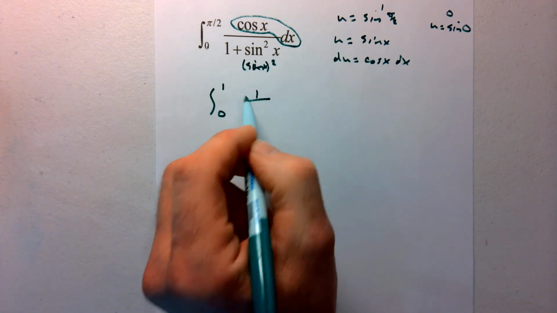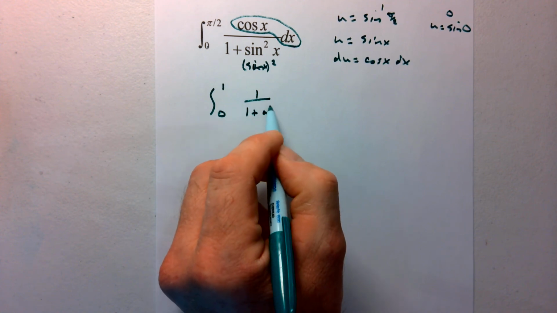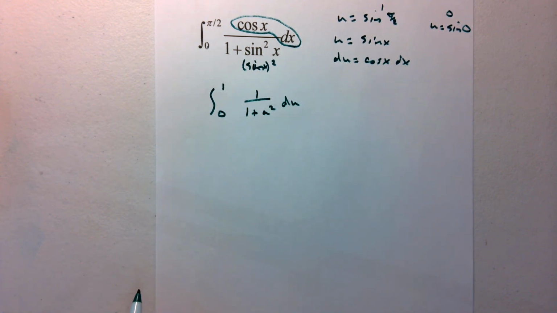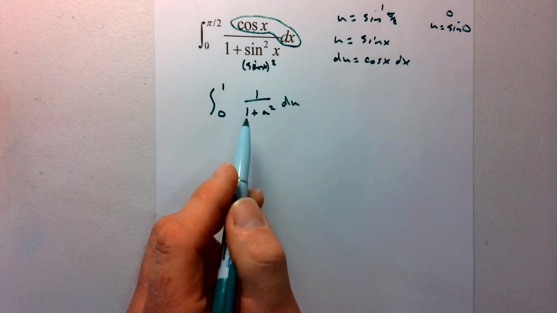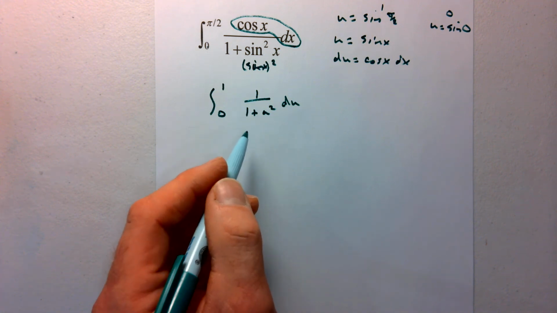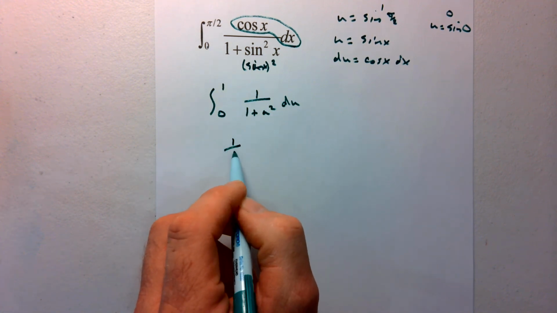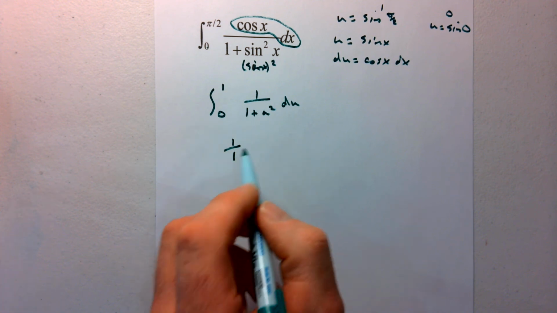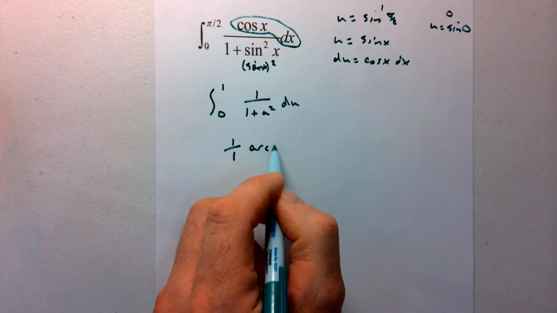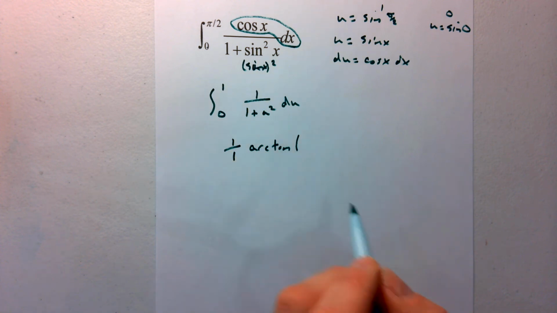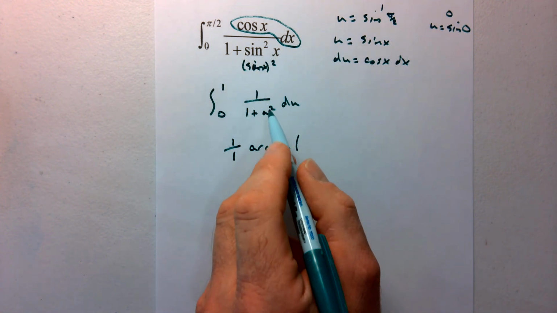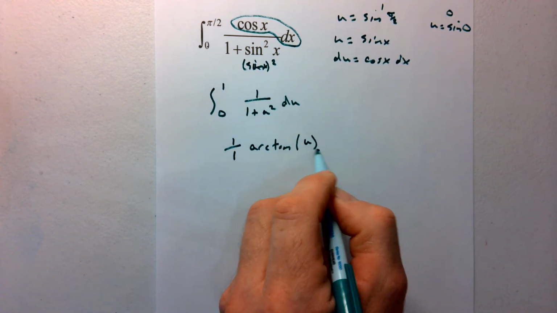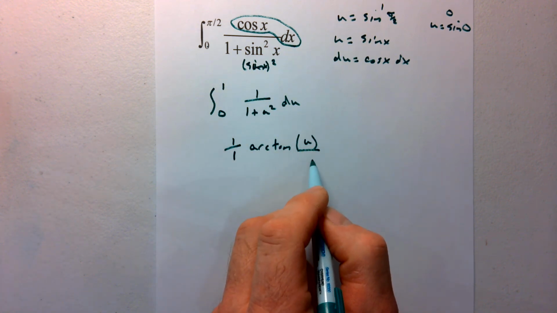Of what? Of 1 over 1 plus u squared du. I have an arctangent, don't I? So our arctangent is going to be 1 over 1, since our a value is 1 squared there, times the arctangent of our variable, which is u, divided by 1, which I guess we don't need to put, do we?